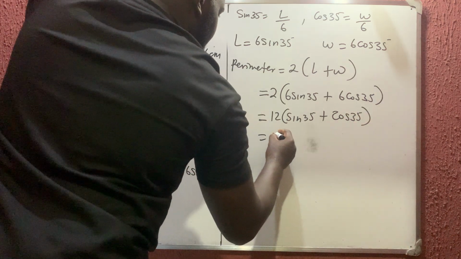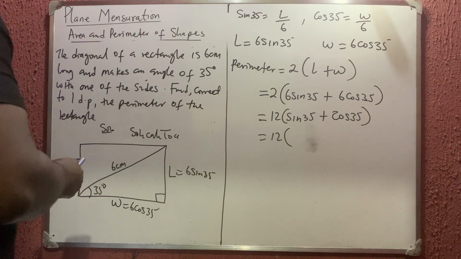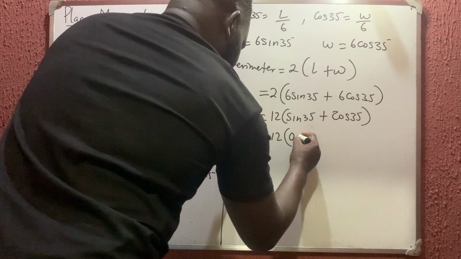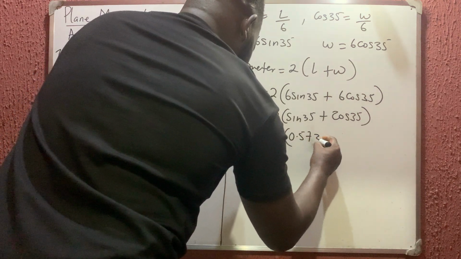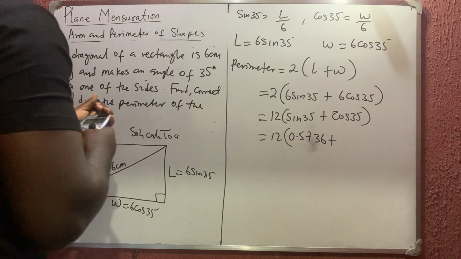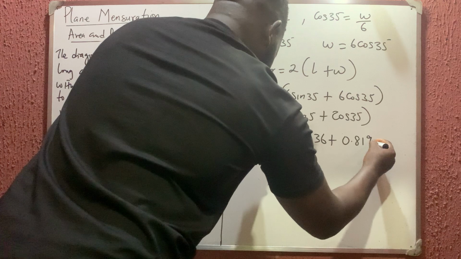So what do we have? 12 in bracket of sine 35, which gives 0.5736, plus cos 35, which will give you 0.8192.